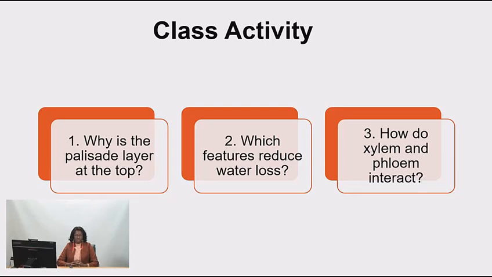If they don't do that, the plant will explode or shrink. If there's too much water, the plant might explode. If there's too much sugar, the plant will shrink. So the xylem and phloem work hand in hand in order to keep the solutions within the plant, the water and the sugars, balanced.